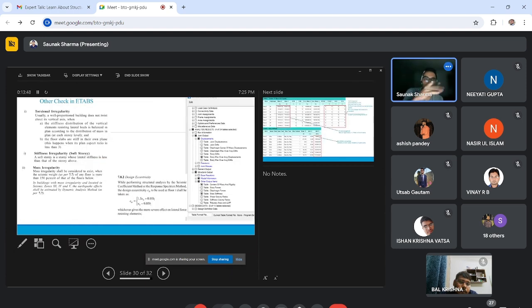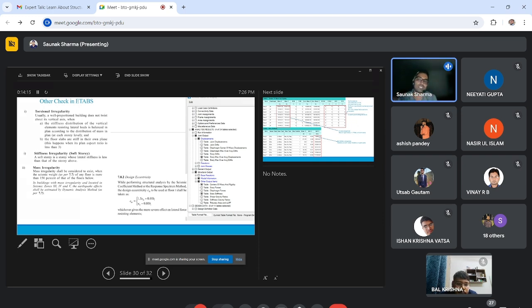Now, some irregularity. It is about to complete now. Only one slide is remaining, I think. Then we will go to Q&A session. Some other data to be interpreted in ETABS are irregularities. Most of the irregularities given in 1893-2016 are visible ones.